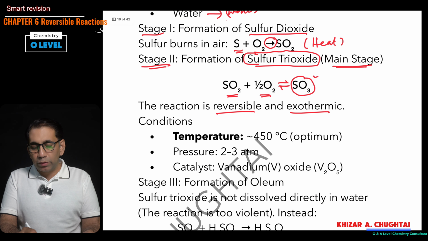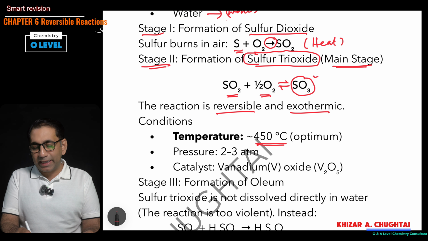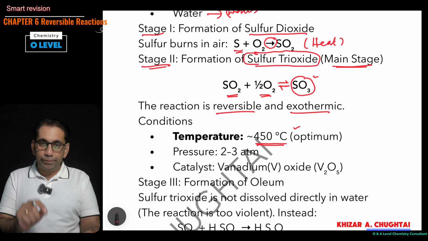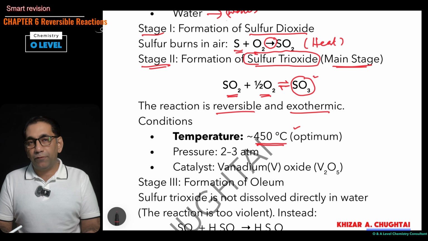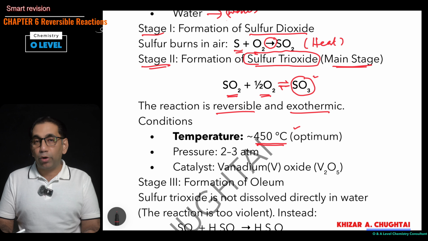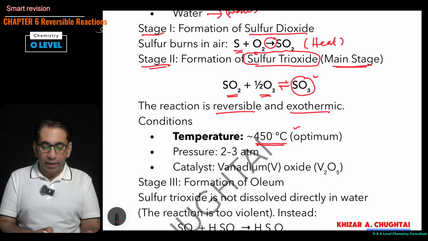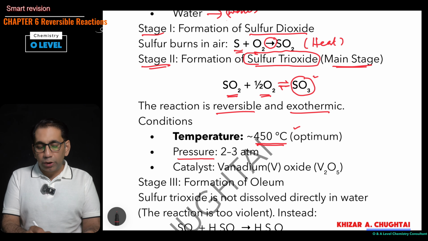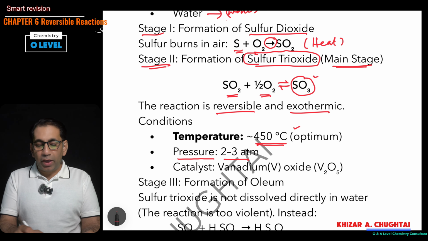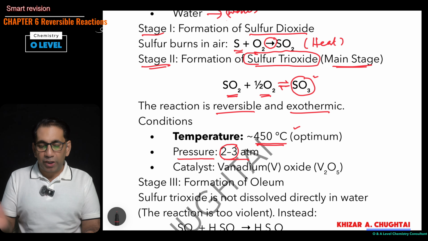Here we are going to use a temperature of 450 degrees Celsius, as we used in the Haber process to make ammonia. The same temperature is used here, just keep that in mind. But this time we are not using the same pressure. We use a maximum of 2 to 3 atm, or sometimes just 1 atm, the normal atmospheric pressure.